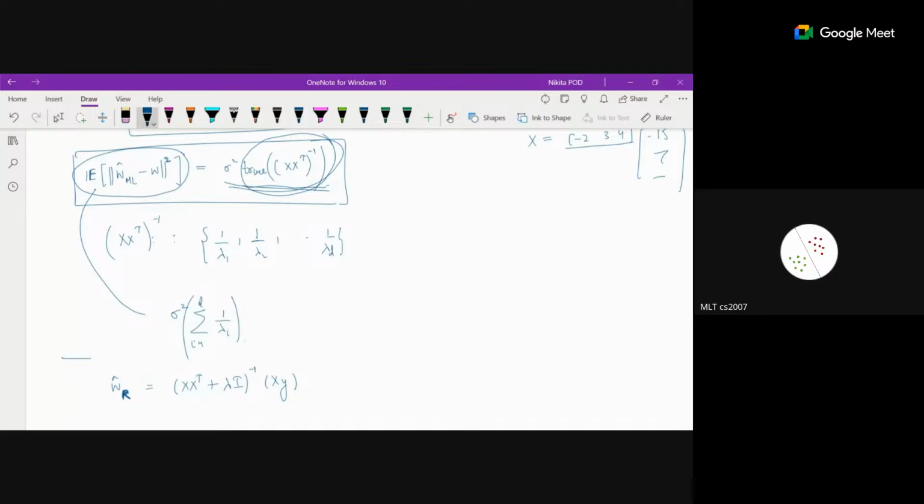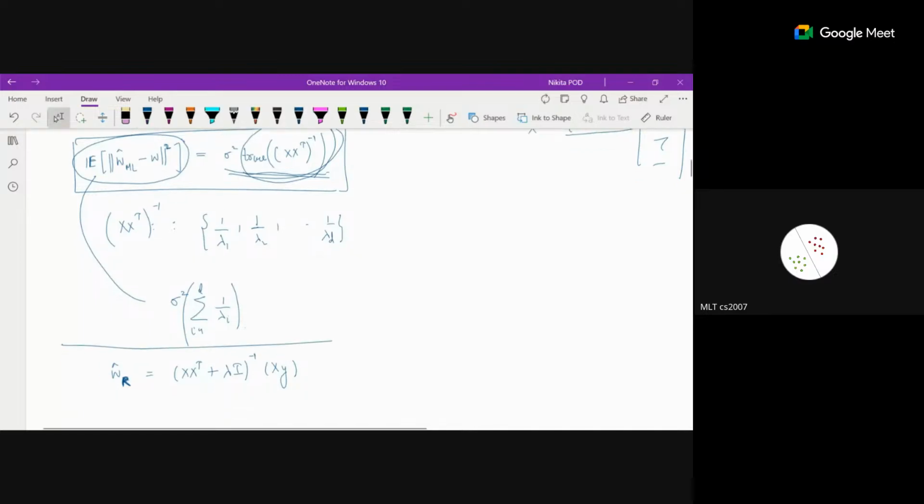We can forget about this for some time. Once we take this new estimator, we want to compare W hat R with W hat ML. If we have the matrix XX transpose, its eigenvalues are the lambda i's. But if you add some constant lambda to it, then my eigenvalues will just get increased by this term.